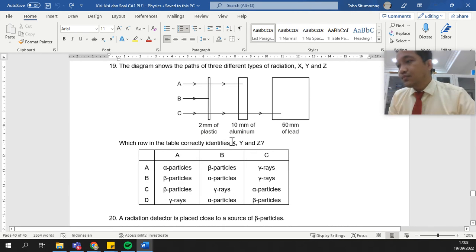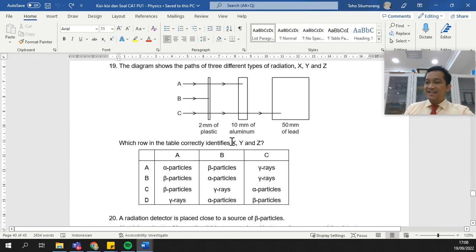Oh yeah, here. This is supposed to be, instead of XYZ, A, B, and C. We can see the least penetrating is supposed to be alpha, the most penetrating is supposed to be gamma. So that means this is beta, alpha, gamma. Okay, beta, alpha, gamma.